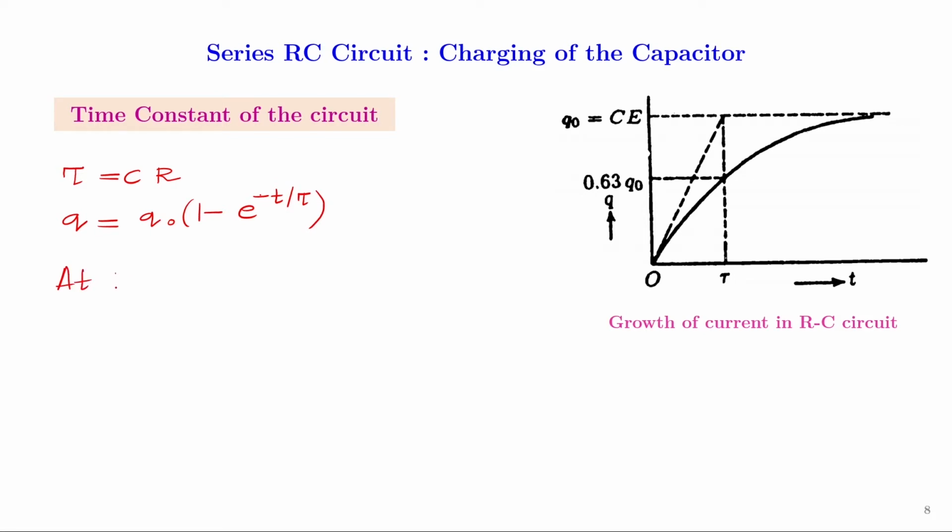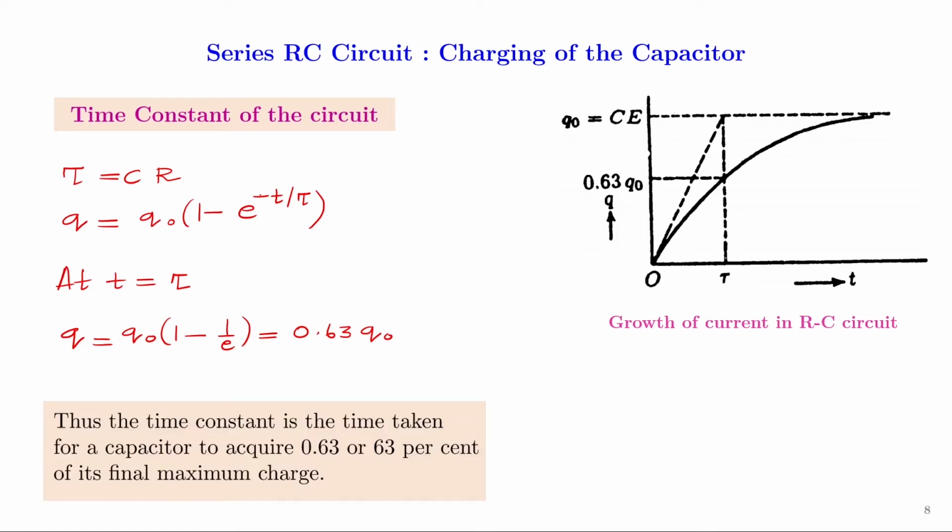When t becomes equal to tau, we have Q equal to Q0 times (1 minus 1 over e), and this is equal to 0.63 times Q0. From this we can define the time constant as the time taken for a capacitor to acquire 0.63 or 63% of its final maximum charge.